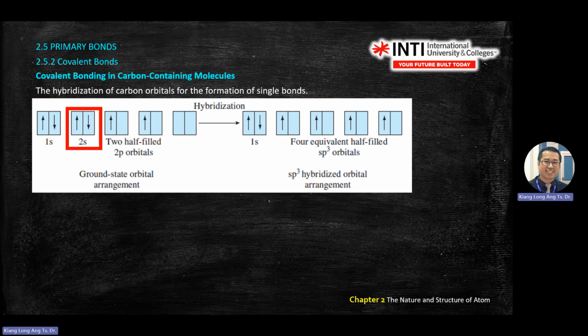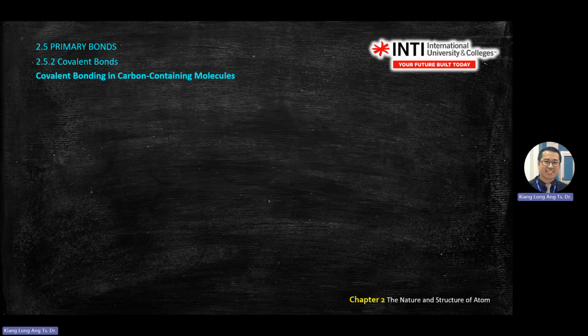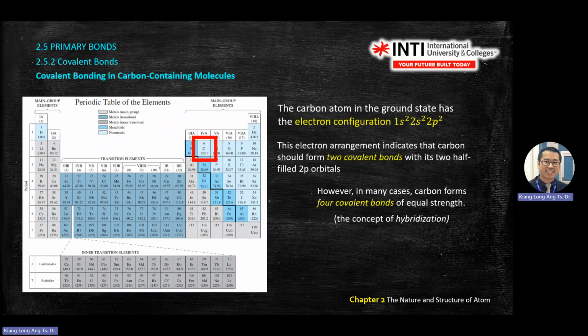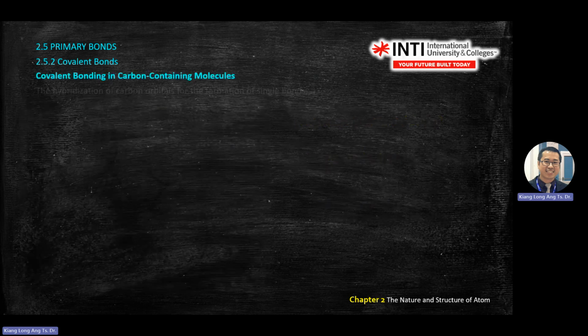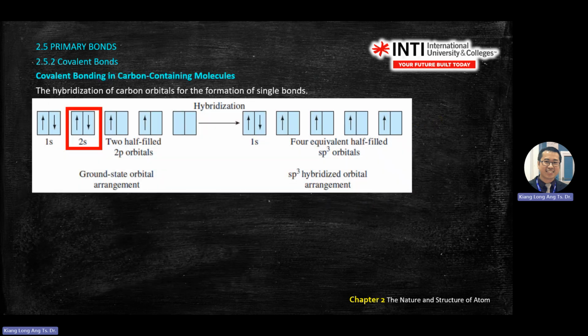Carbon is 1, 2, 3, 4, 5, 6, so we have 6 electrons. This is S, then S, P, so you have 2P here. You have this configuration, 1s2, 2s2, 2p2. We call it the ground state. The one that you see on the periodic table is the ground state.